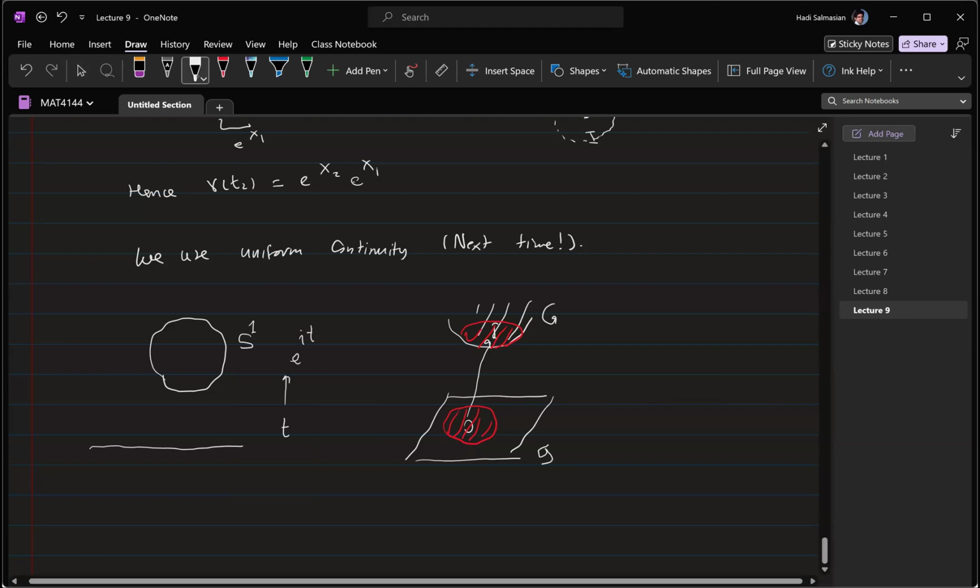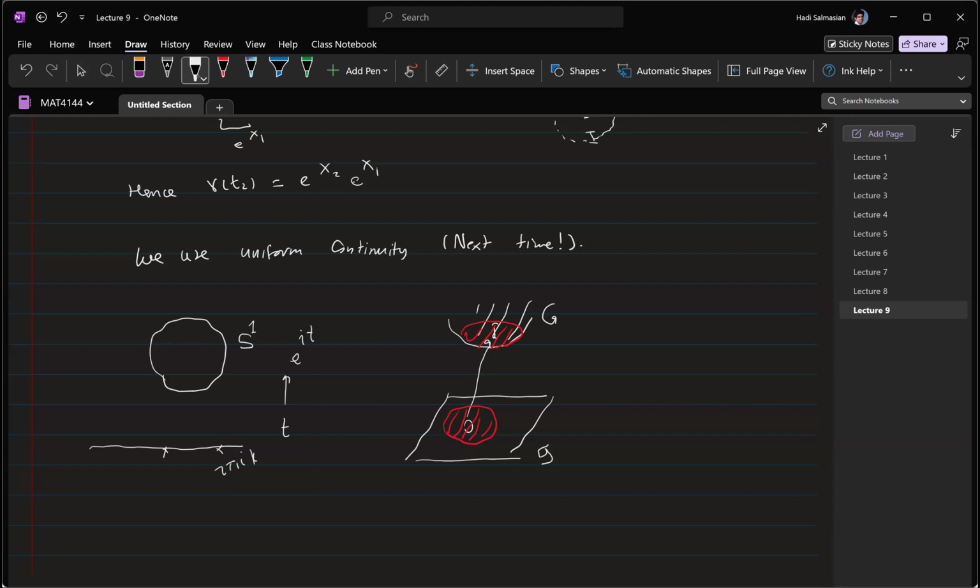So points of the form 2 pi ik are mapped to the same thing, the identity element. It wraps this line around the circle, so it's not an injective map. But at least locally, things are good.